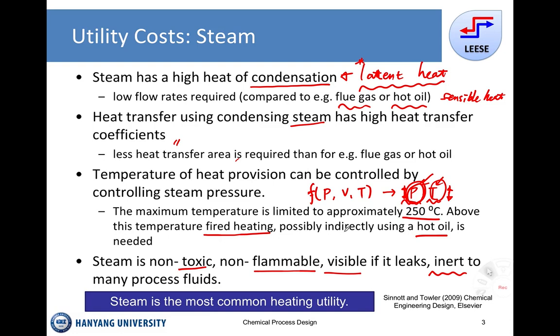That component must not interact with other components in the process. So steam is often used as an inert for the process because it does not interfere with the reaction or get involved in any reaction with the other components. So steam is used as the inert in industry.